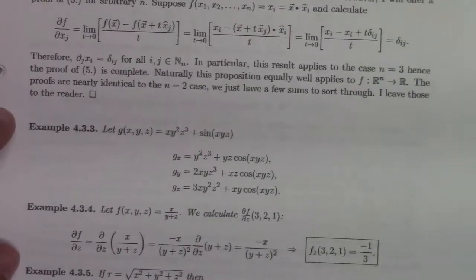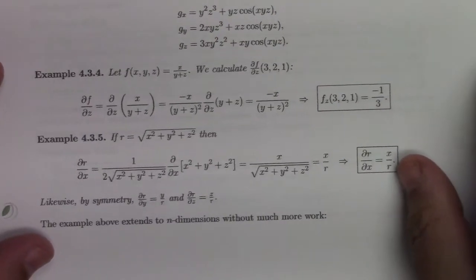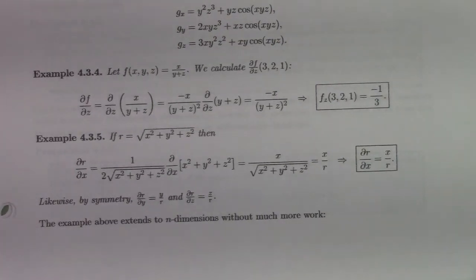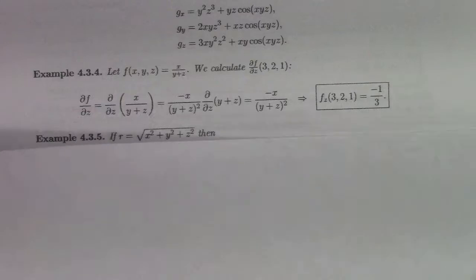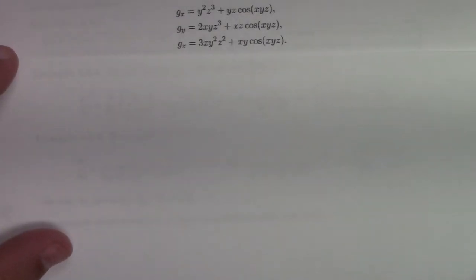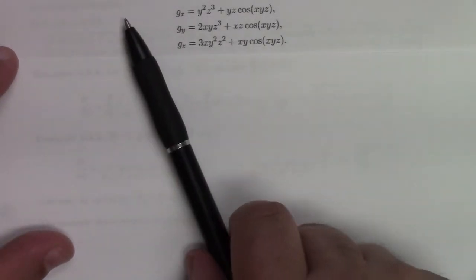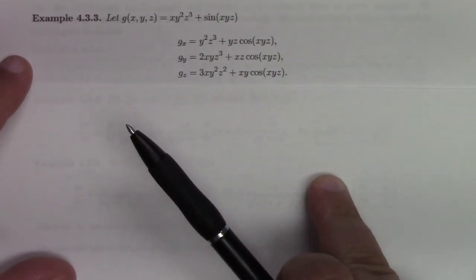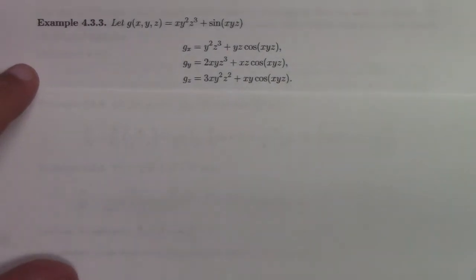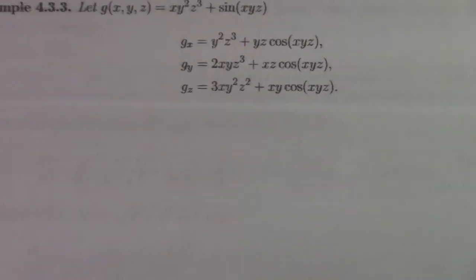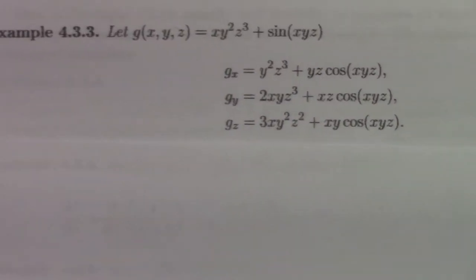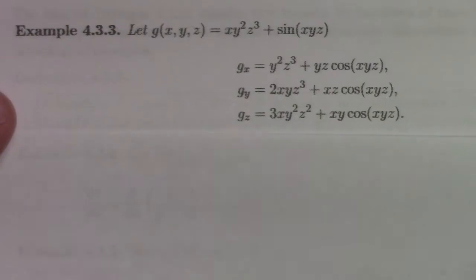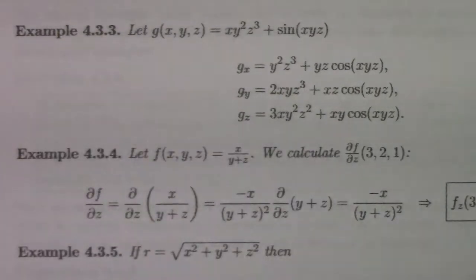Here's some examples. Here we go. So if we have g of xyz equal to, let's see, I can zoom in a little bit more. Whoop, too far. There we go. And now I just gotta remember to zoom out when I'm done, right?